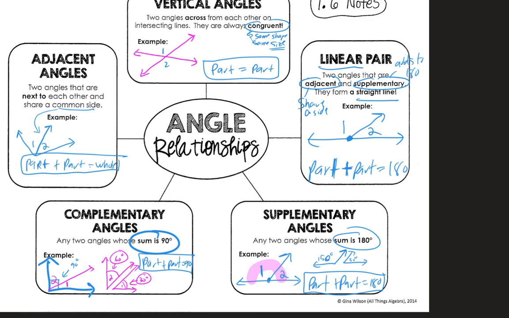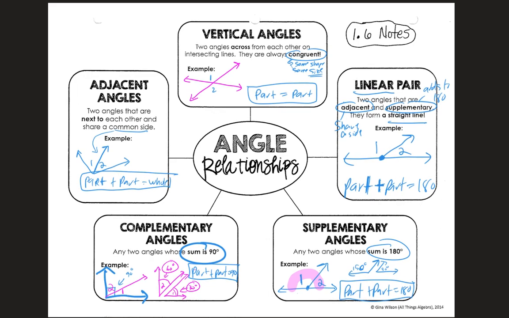Now let's think about what we would highlight, the main thing to highlight for these. I think it's beneficial if we get out our highlighter and think about this. On vertical angles, we're going to think part equals part, because that's one on either side. They're always going to be congruent. Next, for adjacent angles, we're going to think part plus part equals whole, because we know this part plus this part equals the whole thing.